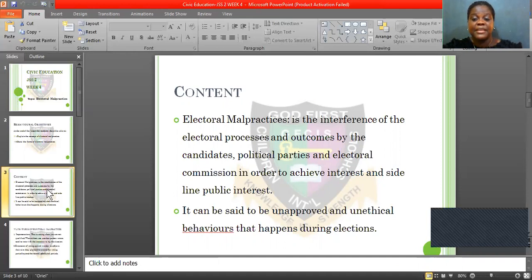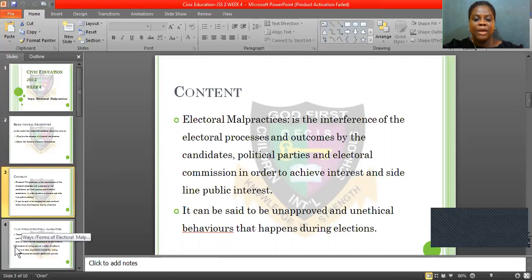Then it can be said to be electoral malpractice. It can also be unapproved, uncalled for, unethical behavior that happens during election. What are these unapproved behaviors? Such as rigging, stealing of ballot boxes, and so on and so forth.